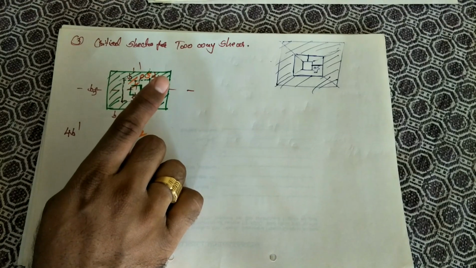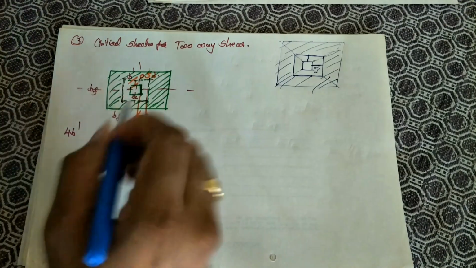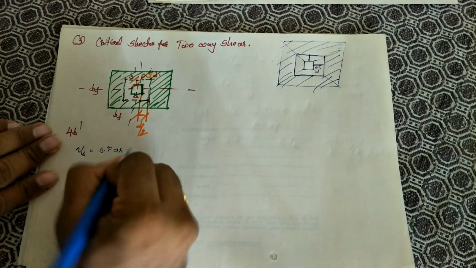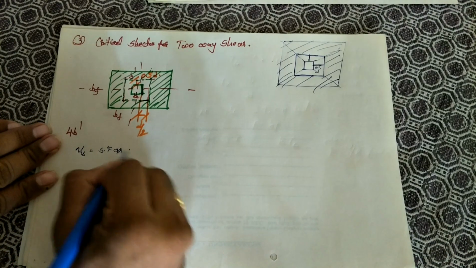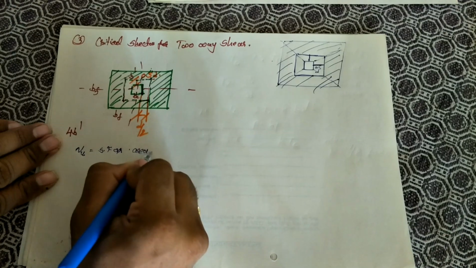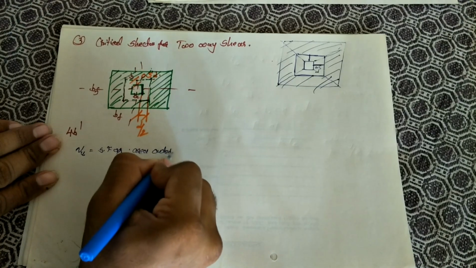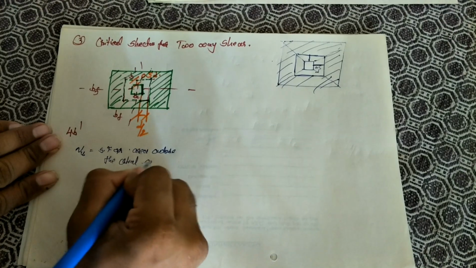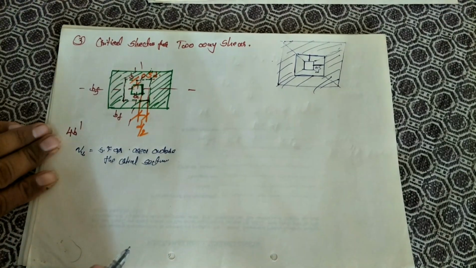Now Vu is equal to the shear force on the area outside the critical section.